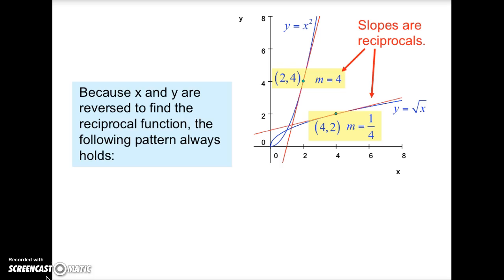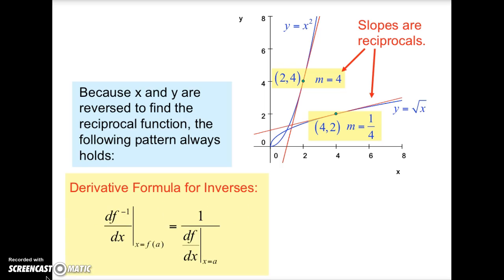This is another way to say the same thing. If I want to take the derivative of f inverse at the x-coordinate of the corresponding point, so in this case at x equals 4, the derivative of the square root of x at x equals 4, that's equal to the reciprocal of, there we go.